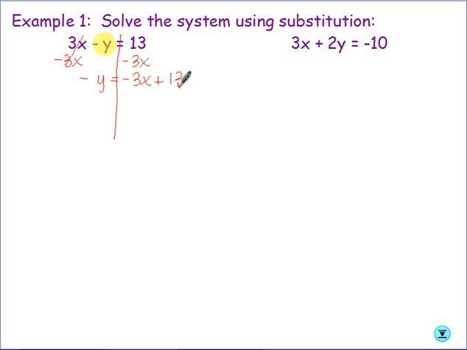There is a negative in front of it, and that is a negative 1. So I'm going to divide all 3 numbers by negative 1. That leaves me with y equals negative 3 divided by negative 1 is positive 3x, and 13 divided by negative 1 is negative 13. That's all there is to step 1, getting a letter by itself.